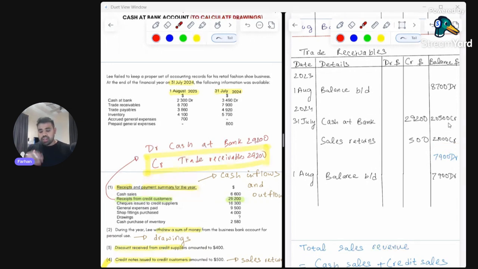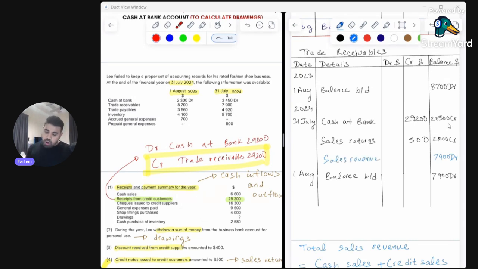Now, if you check the ledger account for trade receivables, one key piece of information is obviously missing, which is the amount that we have sold on credit, which is the main determinant of the substantial balances that you usually find in a trade receivables account. So that amount is the credit sales revenue. So obviously we have to find the credit sales revenue, which is the missing amount that we're looking for.